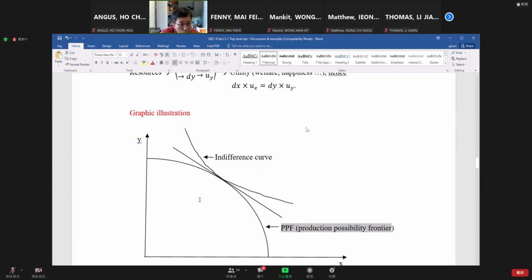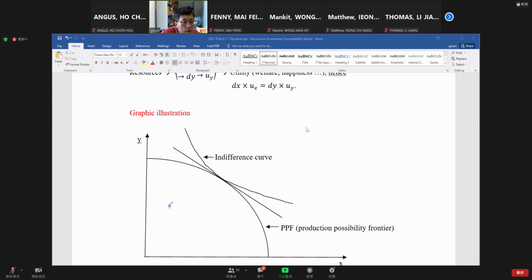The inside is the feasible set. We can produce, for example, any point inside. Here, for example, clearly we can produce this much. But if we produce this much, we have not yet reached production optimal.